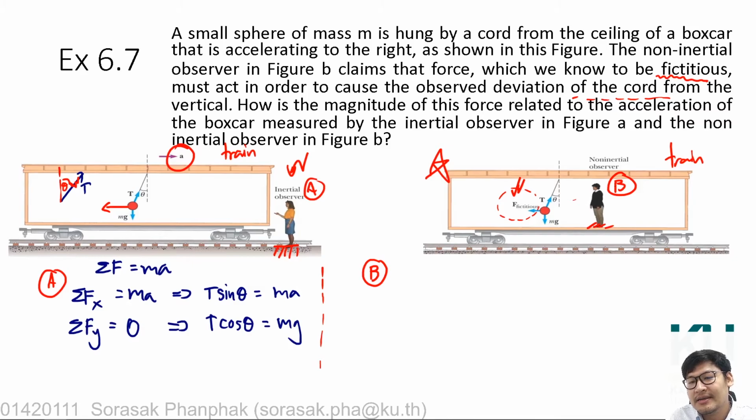So for this guy, when he looks at this system, what he sees is a force along the x-axis, which is pulling backward like this, and another force due to the tension pointing like this, because he observes this object as quite stationary, compared to this lady who observes this system moving.